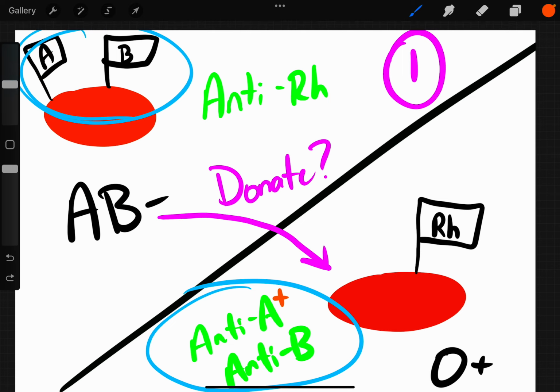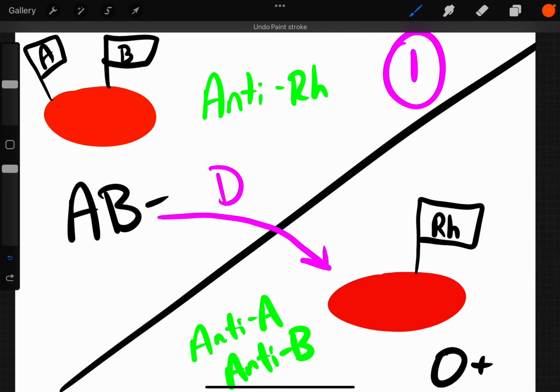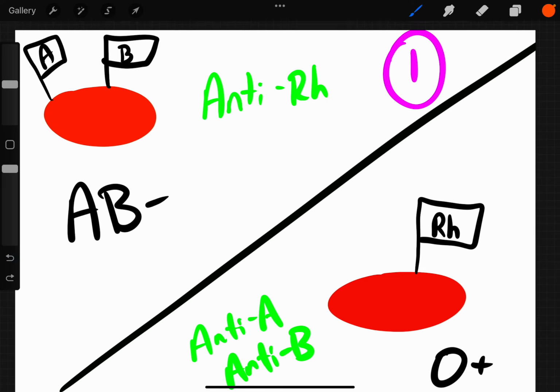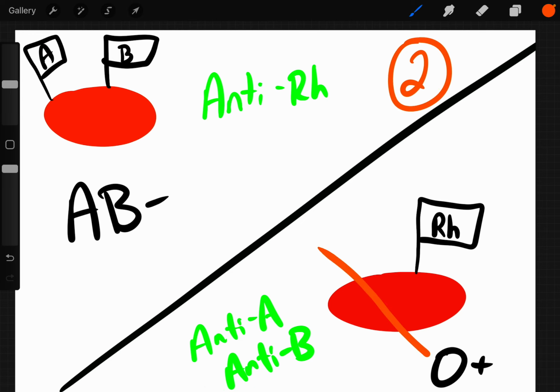Now, let's do a different example. Let's say we do the other way. This would be example number 2. Can we go from O positive back this way? The way we're going to word that is, can AB negative receive blood from O positive?